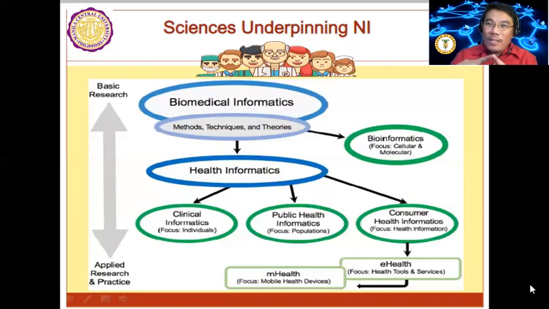So what's the difference? Let us now differentiate bioinformatics and clinical informatics. Bioinformatics is deeper, at the cellular level, which could be common to everyone. But for clinical informatics, the theories and concepts that could be presented may be common and clustered with each other.